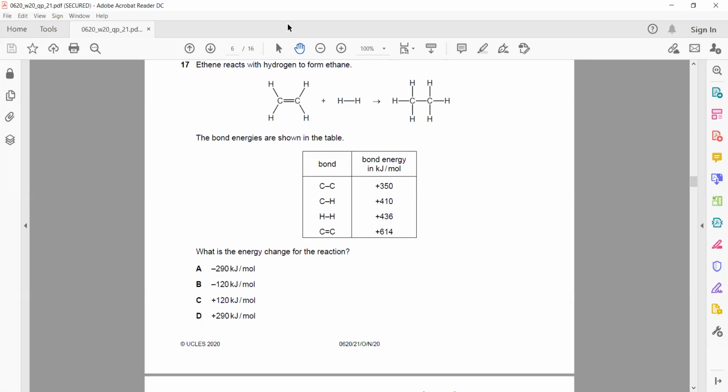So what's the right answer after calculation? When you calculate the bond breaking and bond forming, you will find negative 120, so B is the right answer.